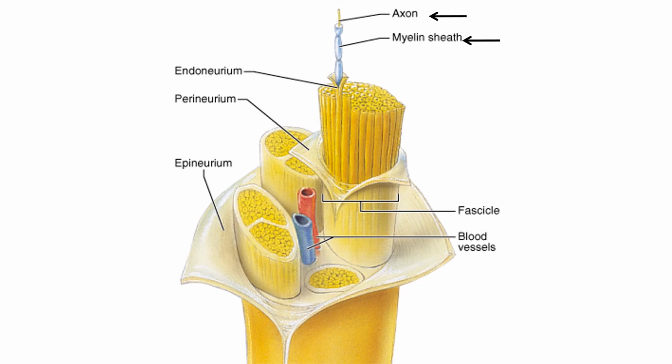Although the majority of axons in a peripheral nerve are myelinated, there are some unmyelinated axons, and this axon has a connective tissue sheath called endoneurium, and axons are arranged in bundles called fascicles, and each fascicle is covered by the perineurium, and the whole nerve is wrapped up by the epineurium.